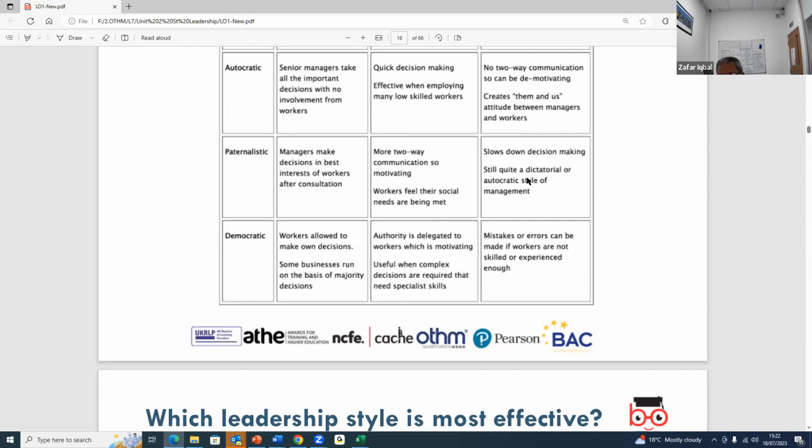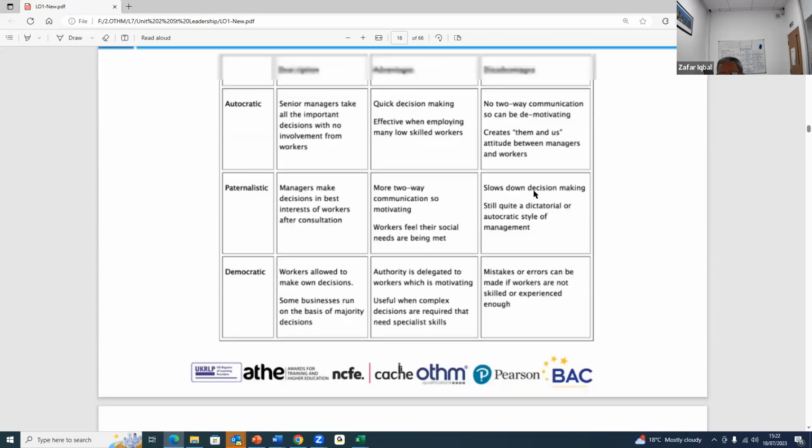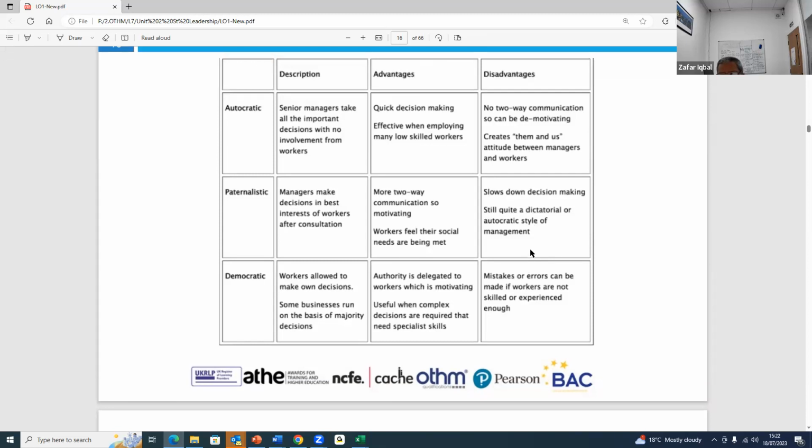But the disadvantage with this is, of course, it slows the process down, similar to democratic leadership. Okay, it takes a bit longer to make decisions, but the paternalistic style of leadership is still a kind of dictatorial, right, or autocratic style of management, because you don't consult much with others.